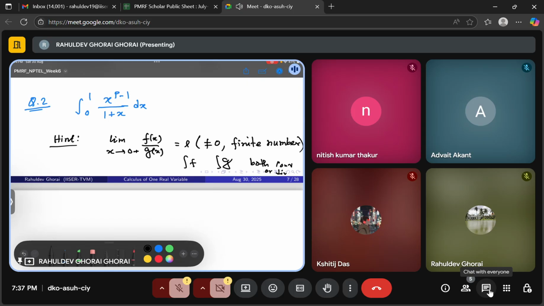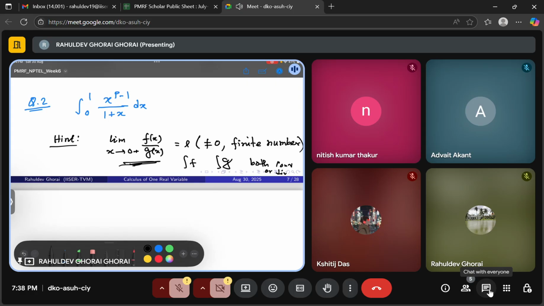Of course, f and g are both positive here. That you need to remember. And here 0 will be the point of discontinuity.